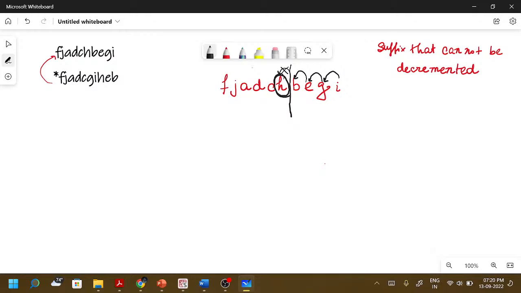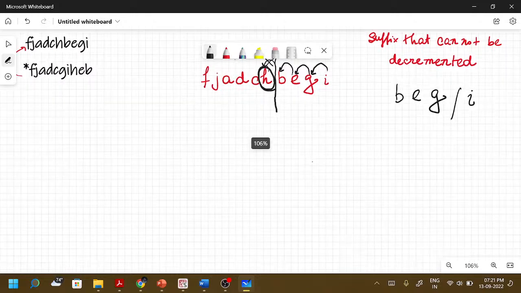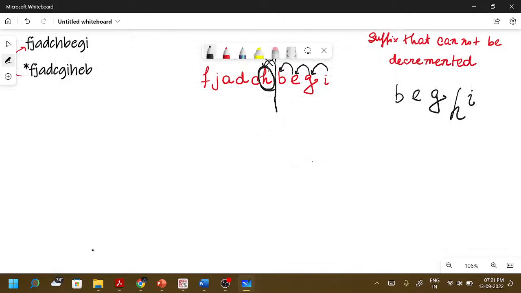So now we have to replace. Okay, right. Now if we consider this part, B E G I, H will sit between them. Previously, when we did it for the next, we considered the smallest number larger than H. Here we will consider the opposite, which is smaller than H but the largest in this particular sequence.